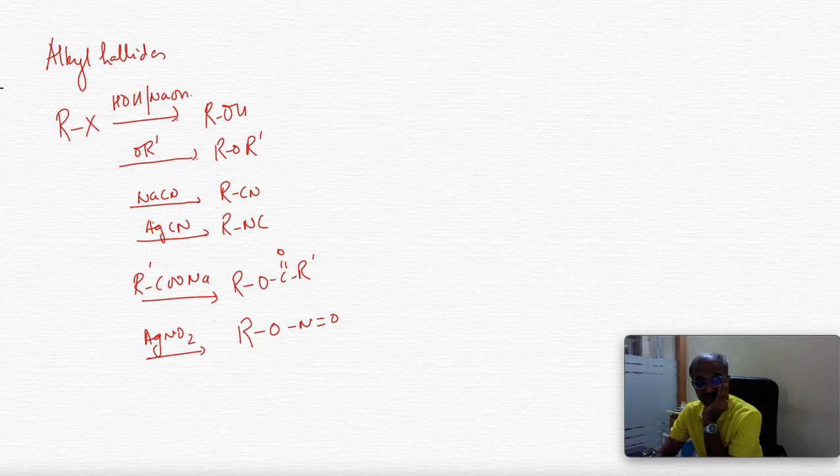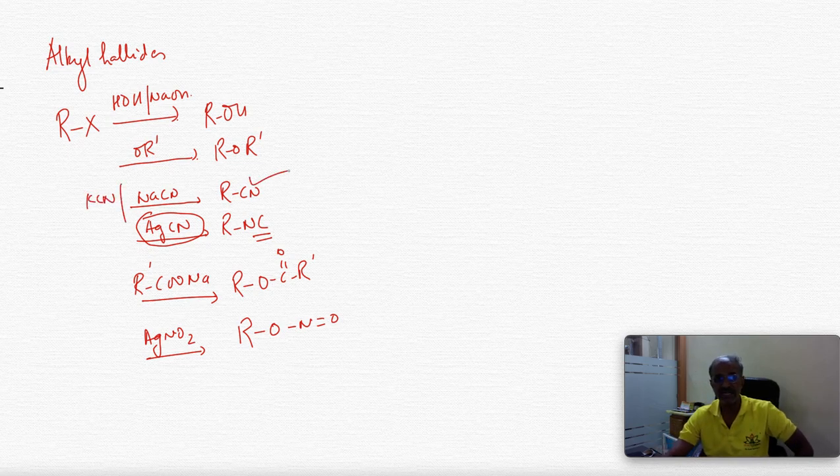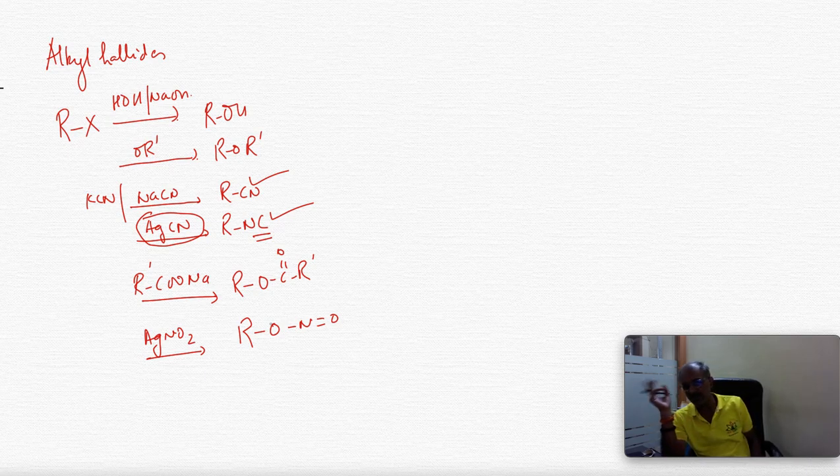But just make it a point that AgCN will always give isocyanide, and KCN or NaCN will always give cyanide, CN. Both are ambident nucleophiles, but it depends upon the attachment to the metal. Sodium is a stronger metal as compared to silver.